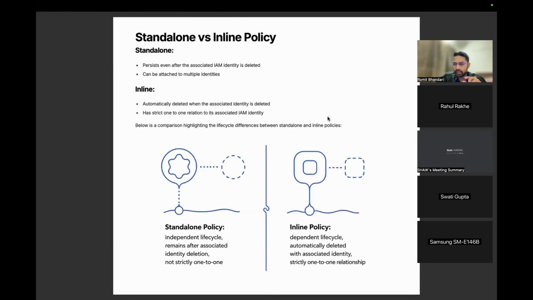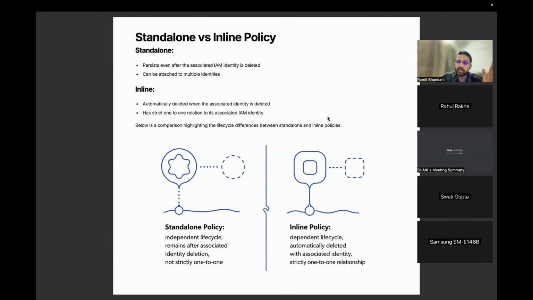Standalone and inline is a terminology which keeps on coming, so it's always better to understand the meaning and difference between the two. Very simple difference, there is nothing much here. So standalone can be attached to multiple identities, and so it persists even when an associated IAM identity is deleted.